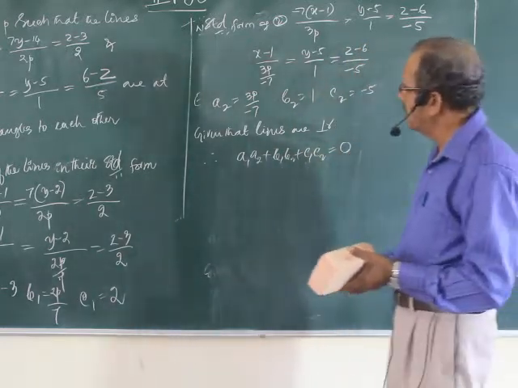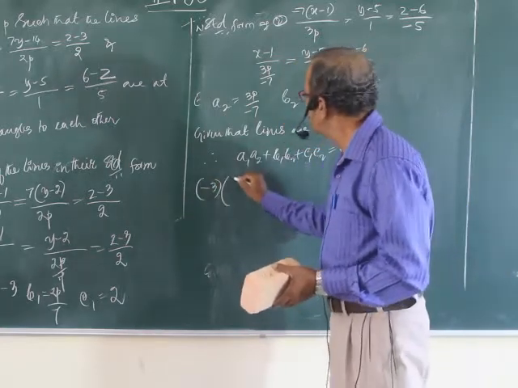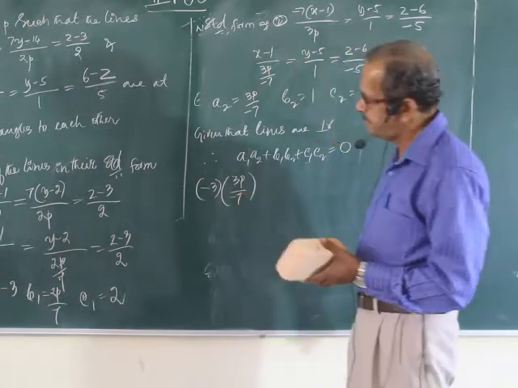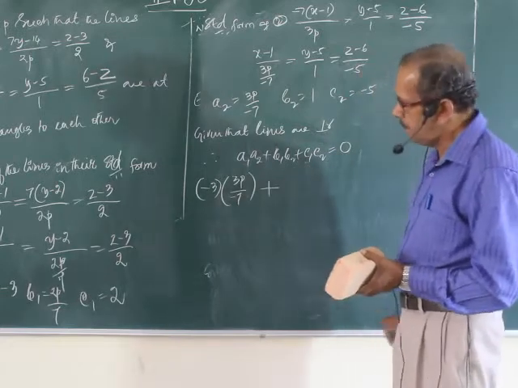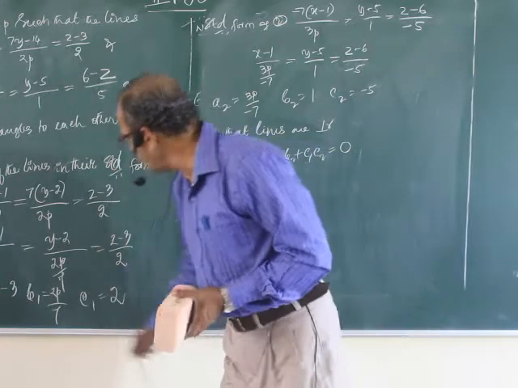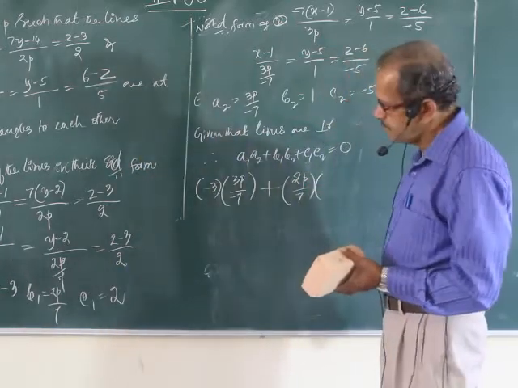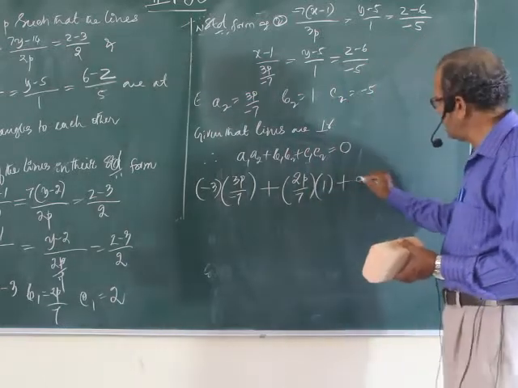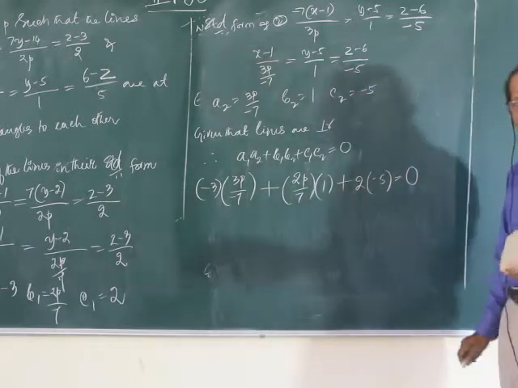Let me write one by one: minus 3 into 3p by minus 7, that is a1 into a2, plus b1, 2p by 7 into b2, 1, plus c1, 2, into c2, minus 5, right hand side 0.